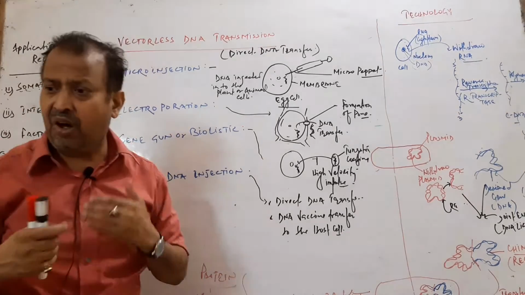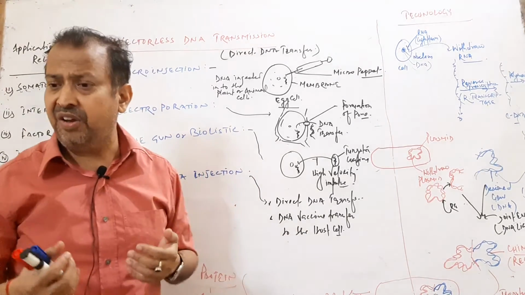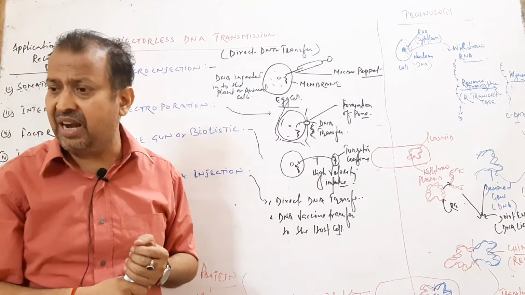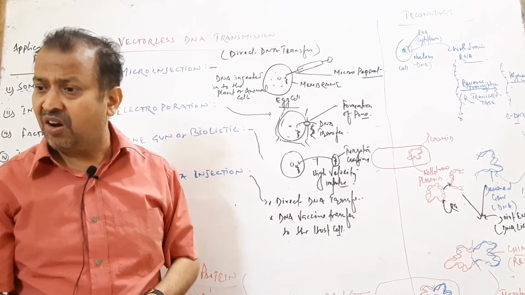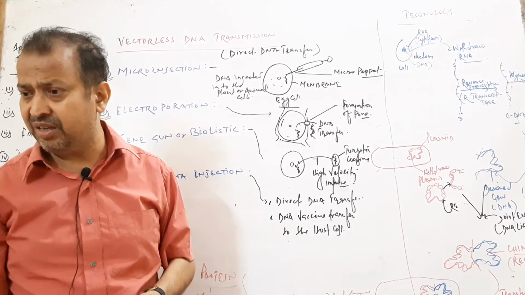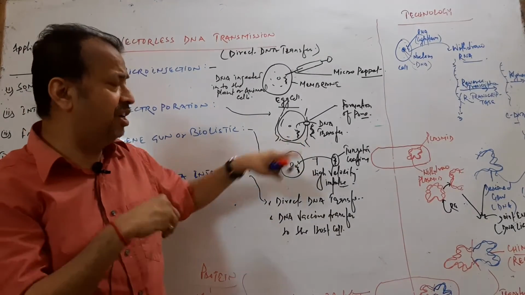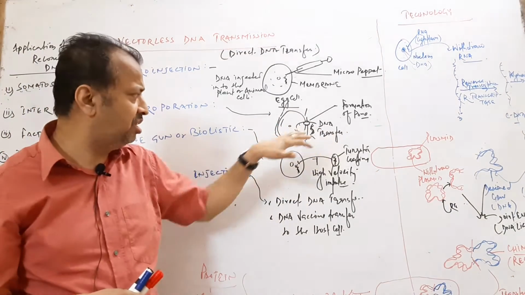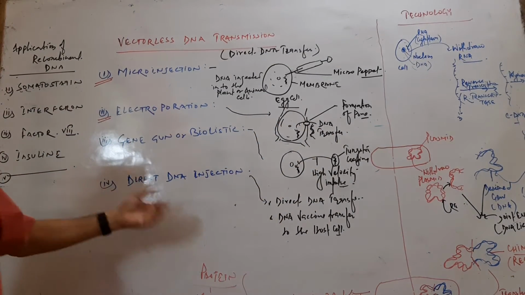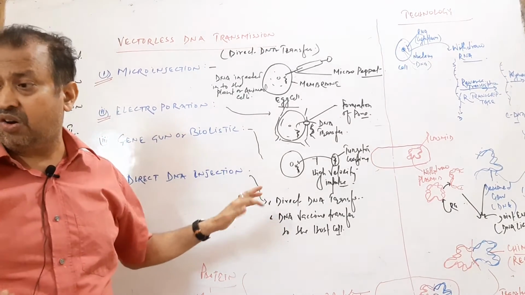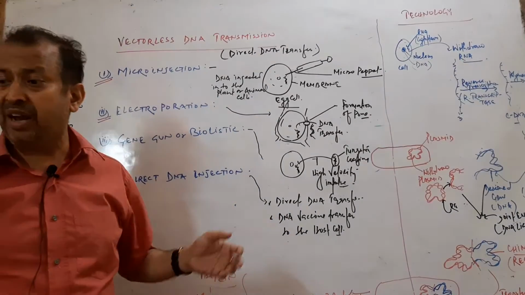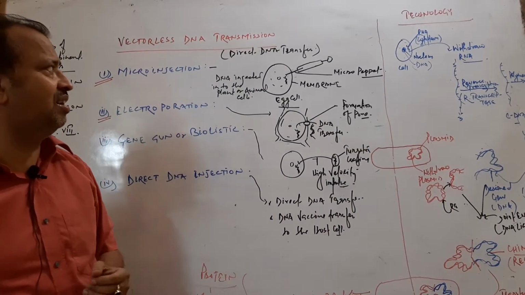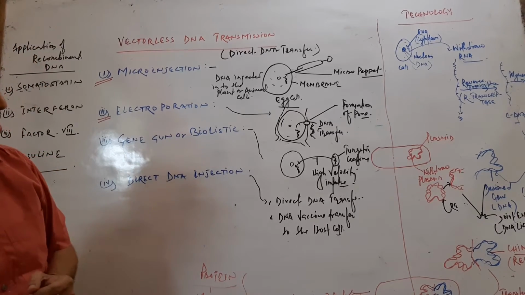The gene gun is a type of impulse technique where the DNA is coated with tungsten and applied with high velocity, so it comes into the cell cytoplasm. Here there is direct transfer of DNA, or mainly vaccines, introduced into the cells. This is the process of vectorless transmission.